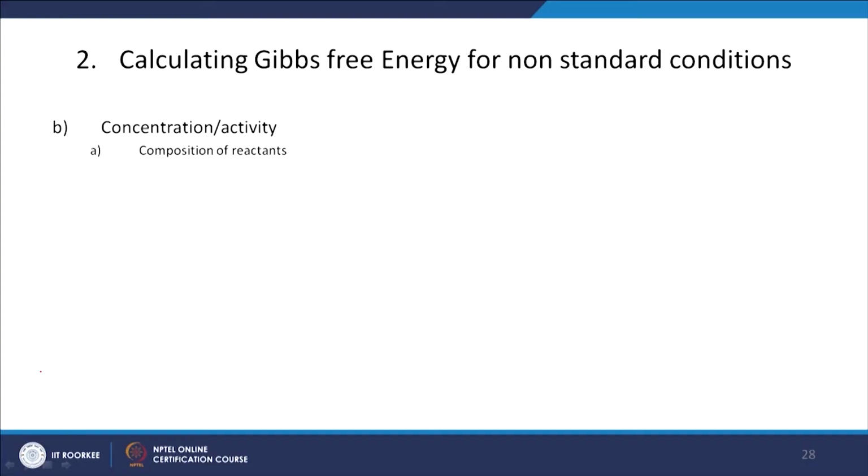So now we have delta G equal to delta G naught plus RT into natural logarithm of activity of C raised to its stoichiometric coefficient into activity of D raised to its stoichiometric coefficient, by activity of A raised to its stoichiometric coefficient into activity of B raised to its stoichiometric coefficient, right.